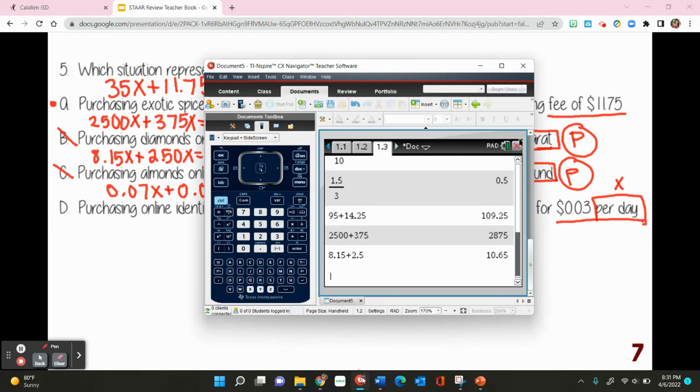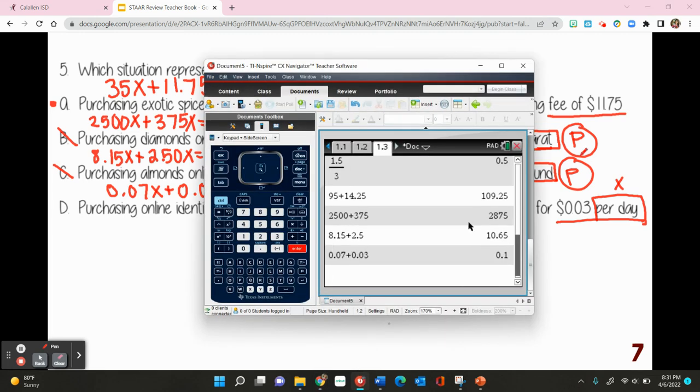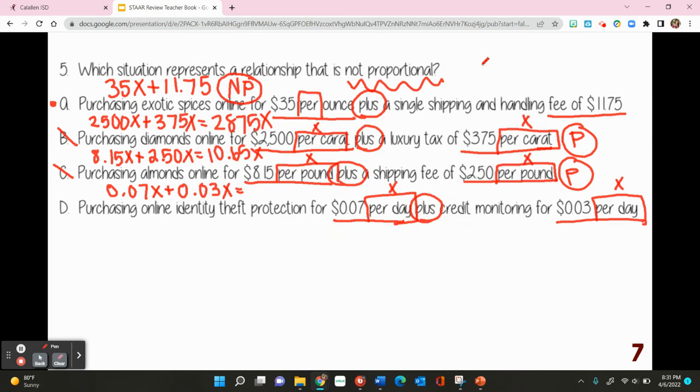And when I combine 0.07 plus 0.03, we get 0.1. So here this is 0.1x, and since I was able to combine them, that means that this is proportional. I can cross D out, and A is the only non-proportional word problem to where I could not combine anything. So that concludes proportional and non-proportional.